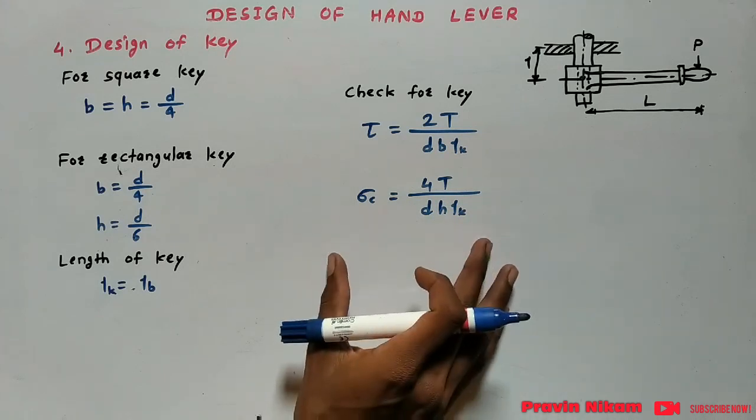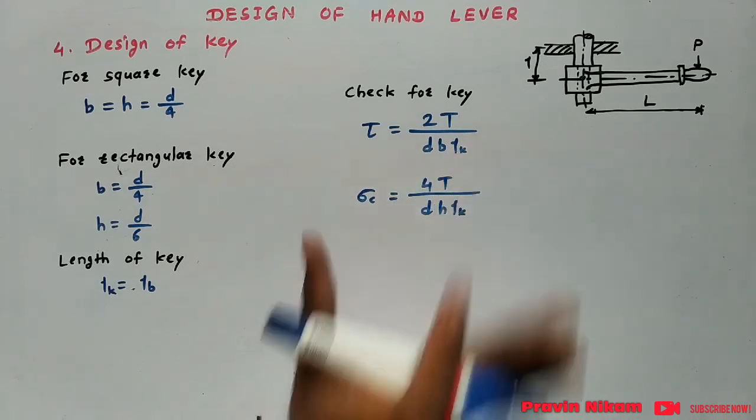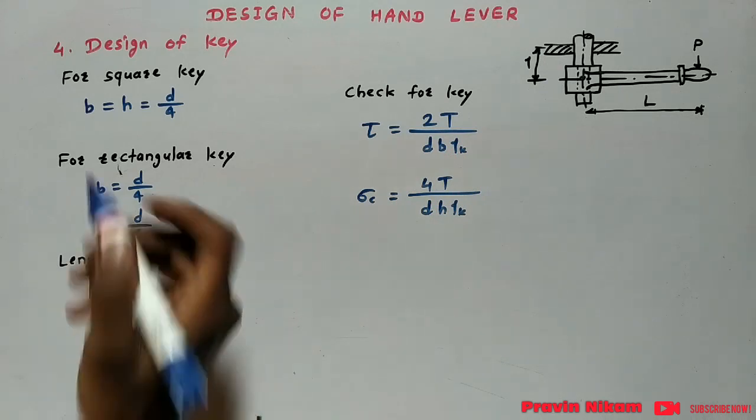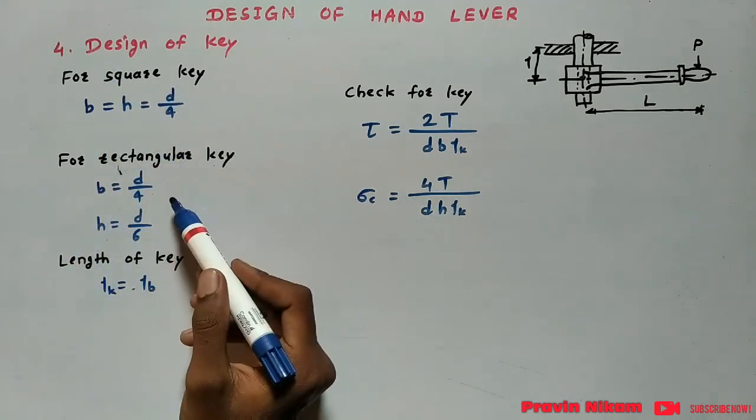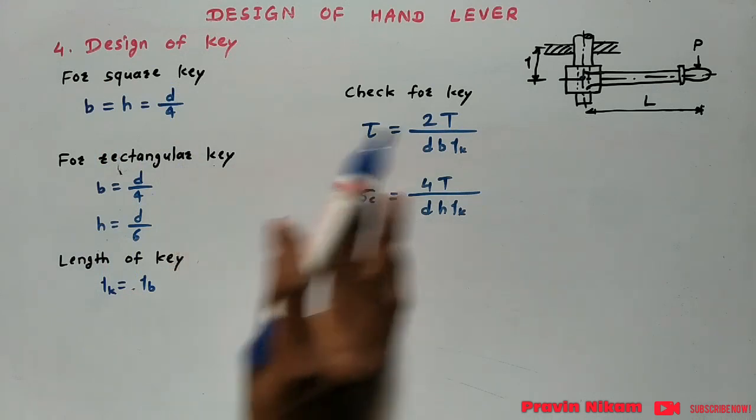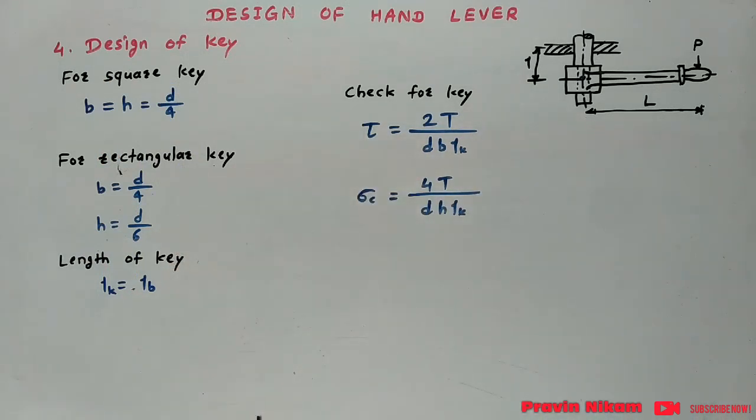So by using these two relations you can check the design of key. So this is the design of key. You can use square key or rectangular key in your design.